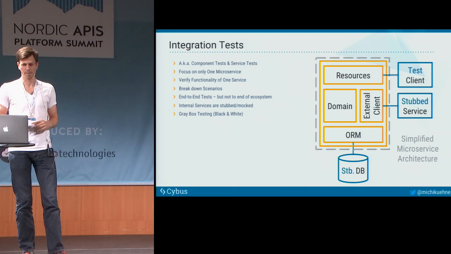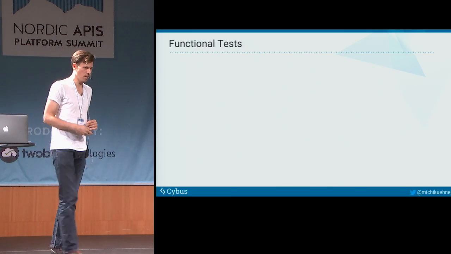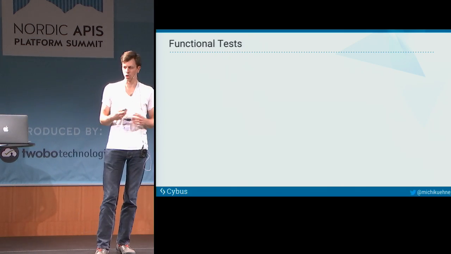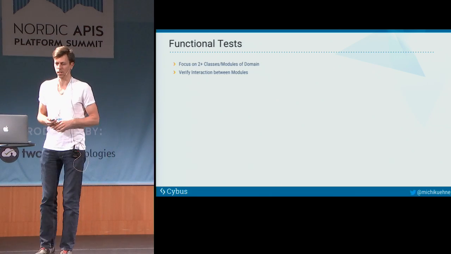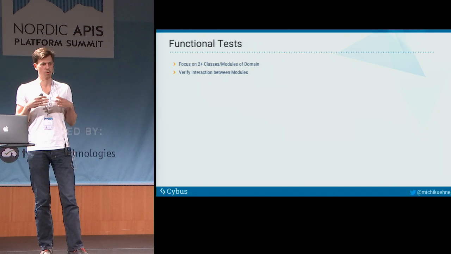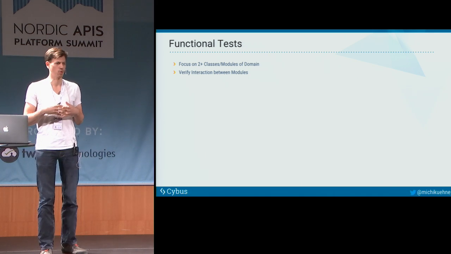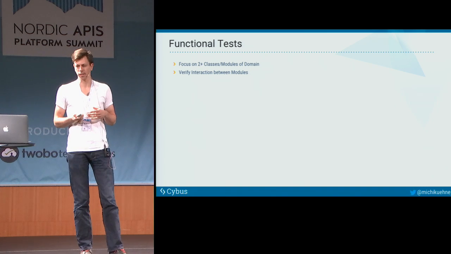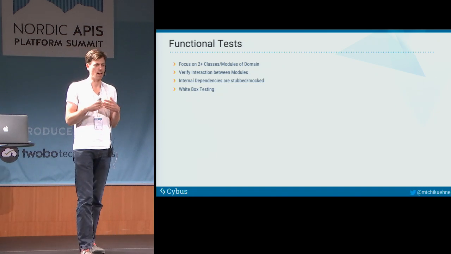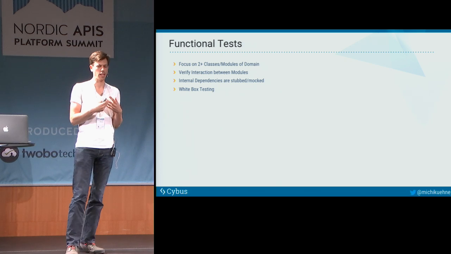That's probably not enough. We have to dig deeper. Especially in Node.js, we dig pretty deep, and what we do is that we test the communication between some modules, between some classes. We want to verify that they behave in the correct way, that they interact in the correct way.